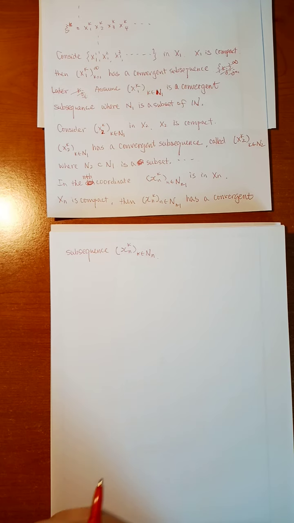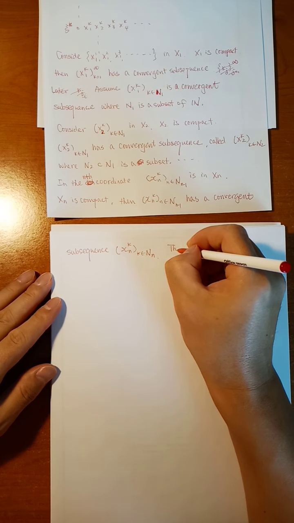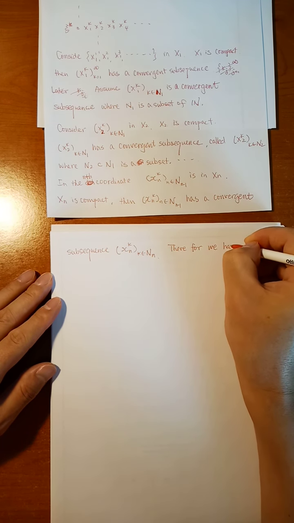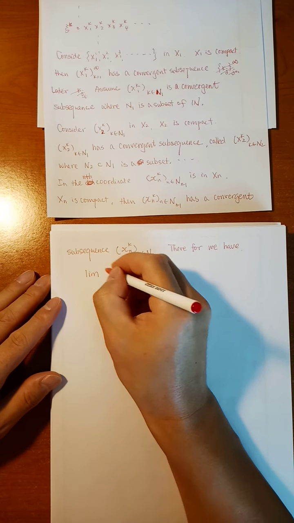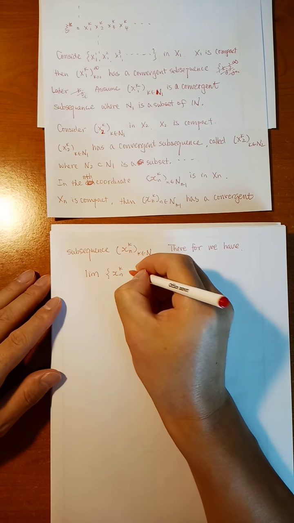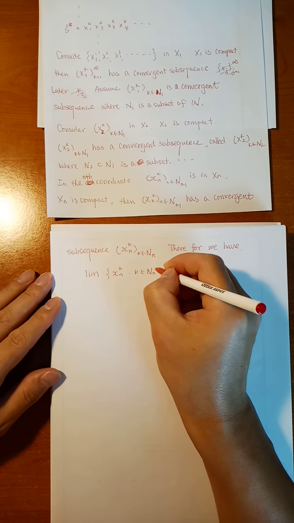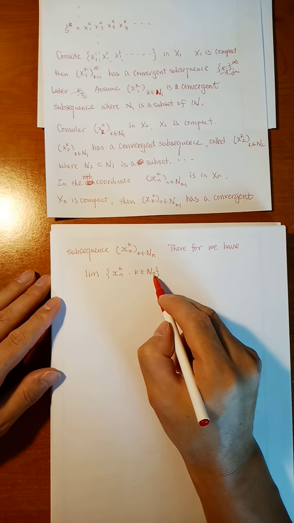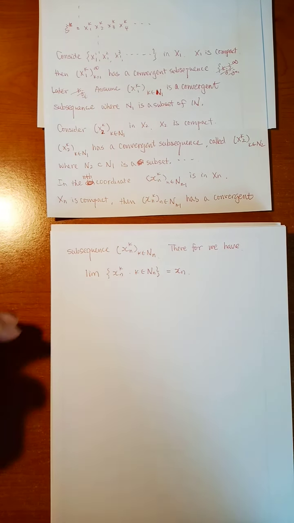Right? So for every n, we have the limit of x_k^n, k belongs to N_n. This is always convergent. Whenever you have N_n, it is always convergent. It has a limit, xn.